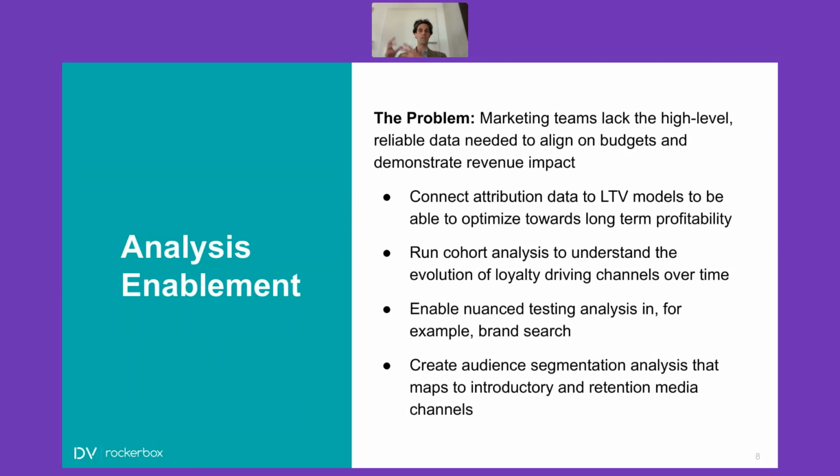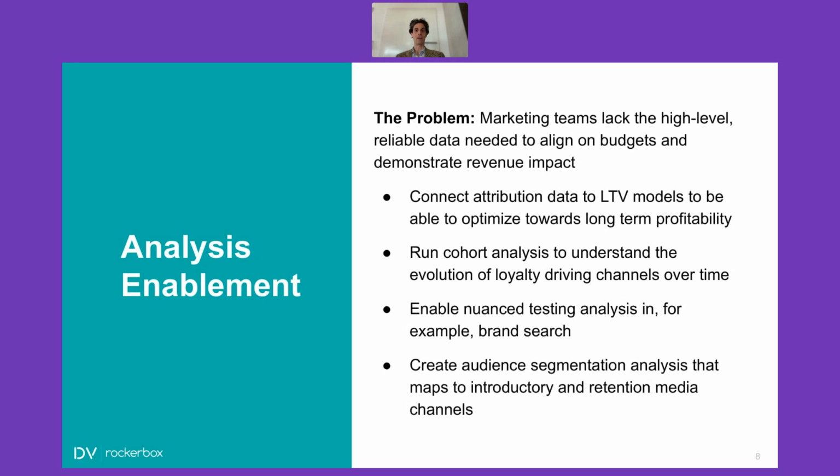And furthermore, are there differences in these different cohorts of users in terms of the media channels that originally brought them into the brand versus the ones that are bringing them back for subsequent purchases? That can help you understand the evolution of your media over time, how the media impact has changed, and maybe some nuance around how your optimizations have been effective at driving new customers and driving repeat business.